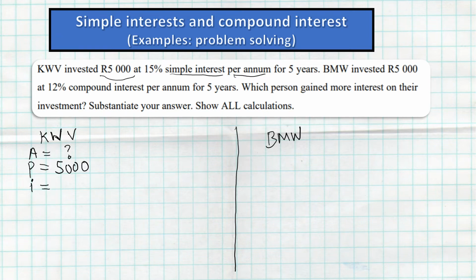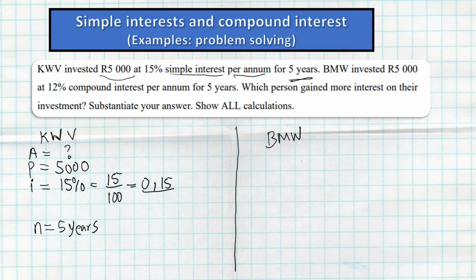What is the interest? The interest is 15% simple interest. This is the same as 0.15, so it's basically 15 divided by 100, which is 0.15. And this is done for 5 years, so the number of years is 5.